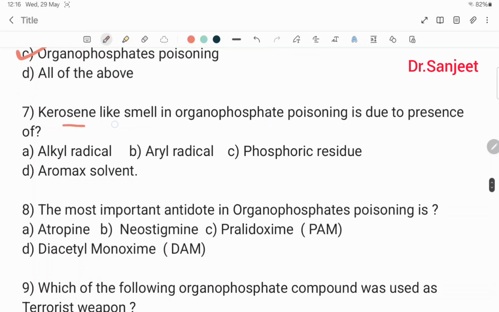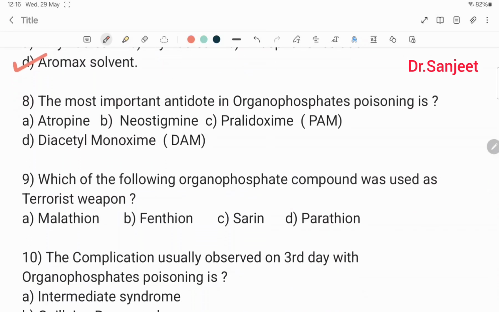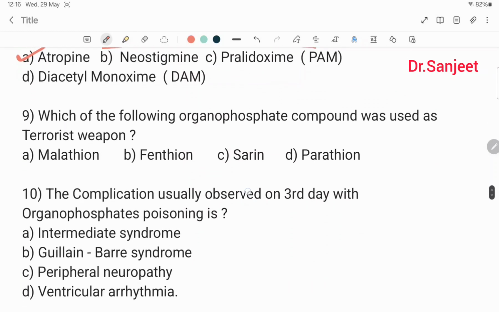Kerosene like smell in organophosphate poisoning is due to presence of: alkyl radical, aryl radical, phosphoric residue, aromatic solvent. Aromatic solvent is the reason for the kerosene like smell. The most important antidote in organophosphate poisoning is atropine, neostigmine, pyridoxine or diacetyl monoxime. Atropine is the most important antidote.